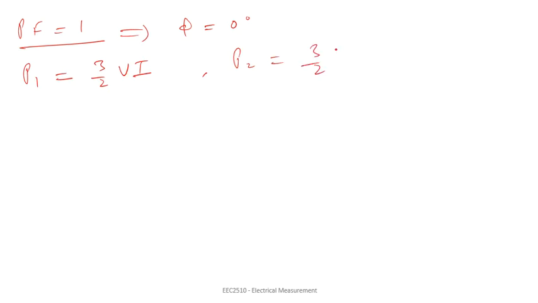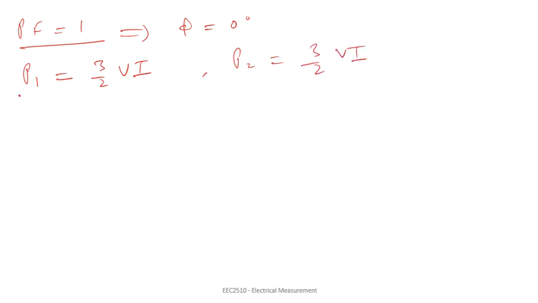Just by using this analysis which we have done just now, we can see different results. Consider the first case, where we assume the power factor is equal to 1. Power factor equal to 1 means obviously the phase angle will be 0. In this case, the reading of P1 will be 3 by 2 Vi, and similarly P2 will also be the same, 3 by 2 Vi.